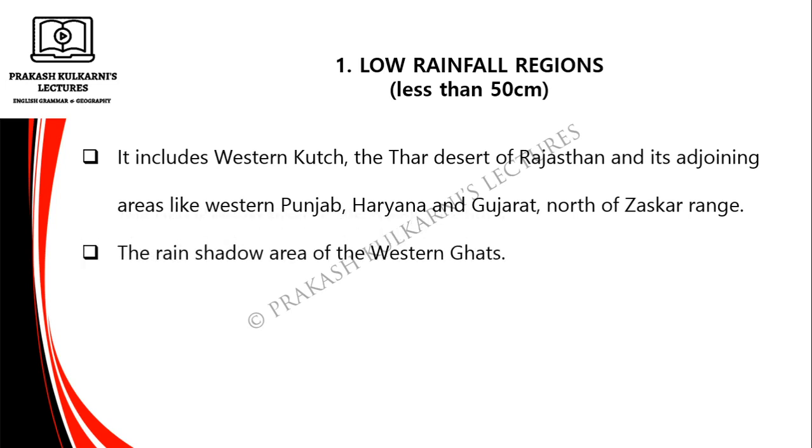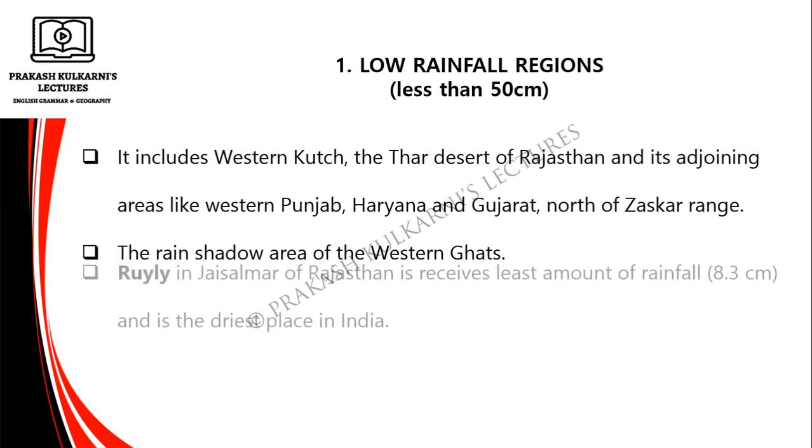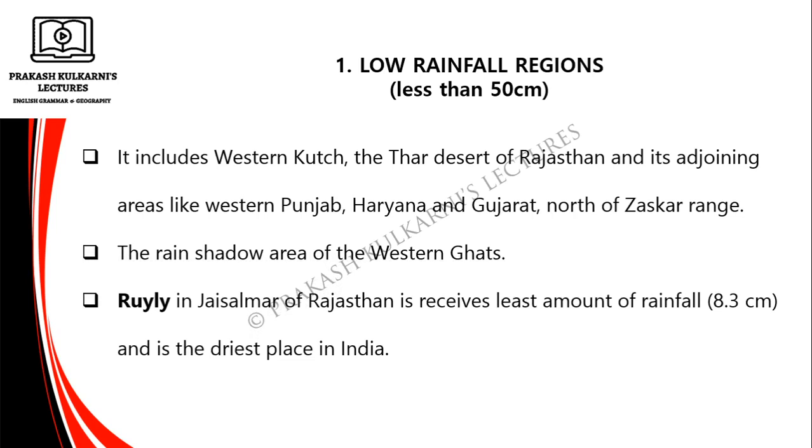The rain shadow area of the Western Ghats, that means eastern part of Western Ghats. Roili in Jaisalmer of Rajasthan is receiving the least amount of rainfall and is the driest place in India.